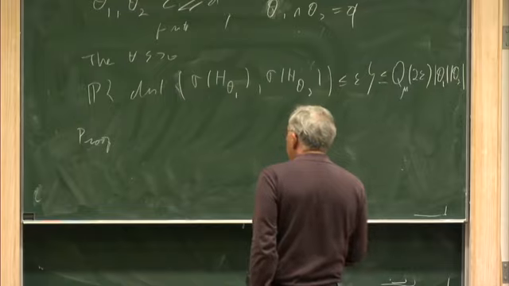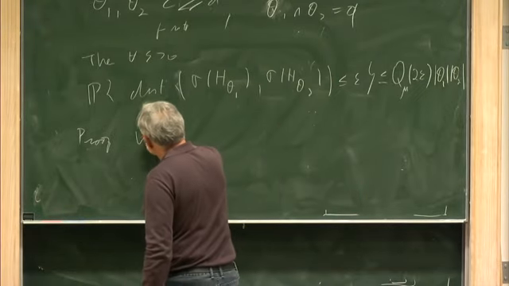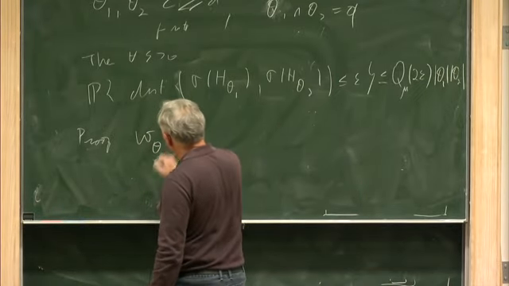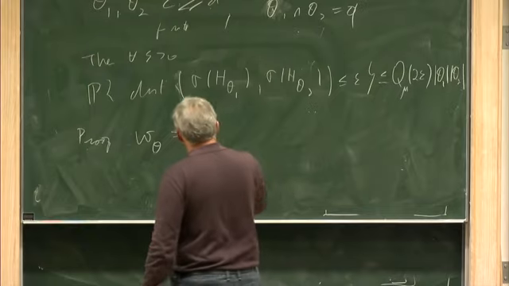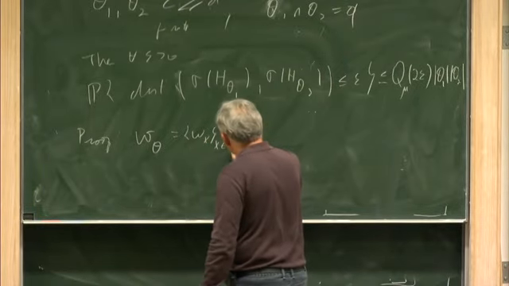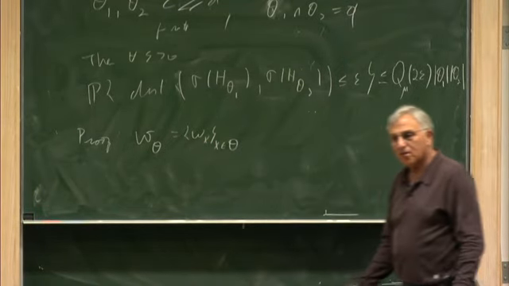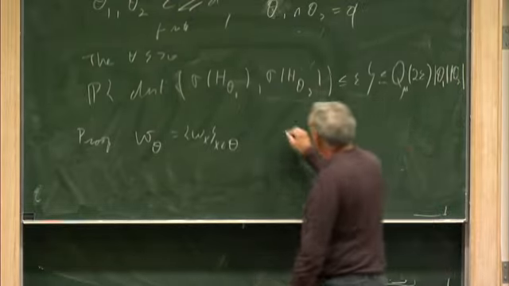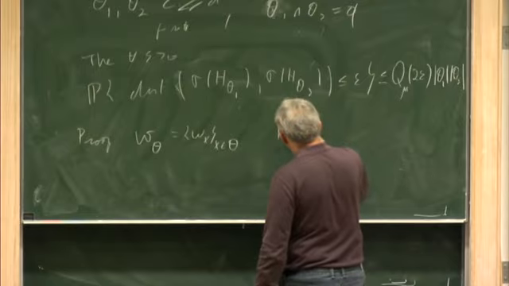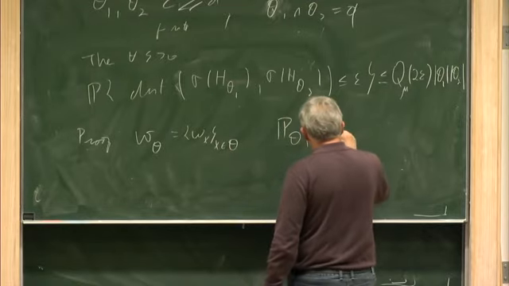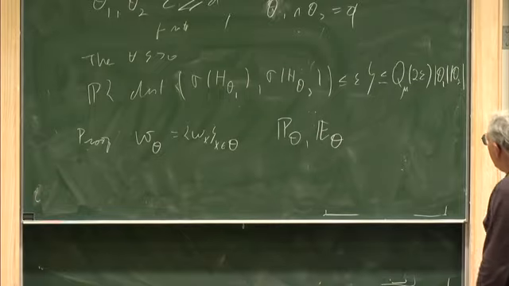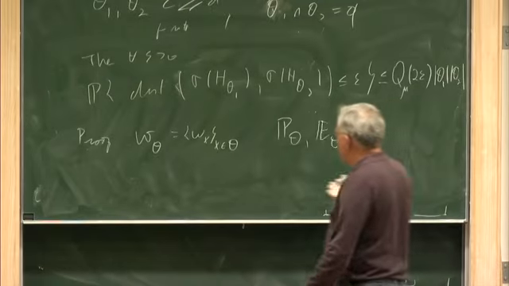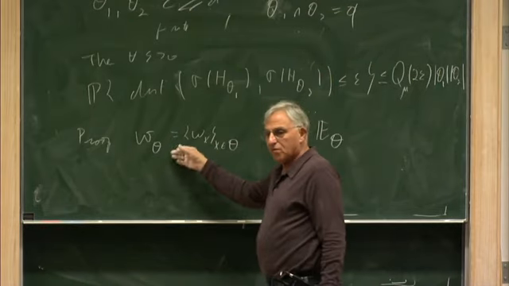And so let me call, to a given subset theta, omega theta to be the collection of random variables associated with theta. And let me use p theta and expectation of theta to denote the probability and the expectation associated with these random variables.